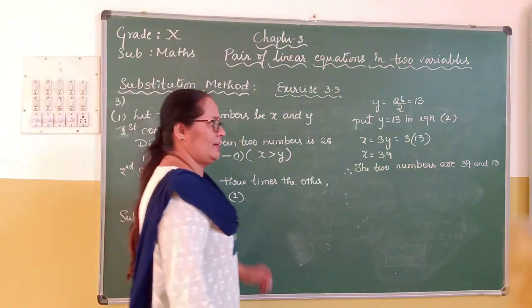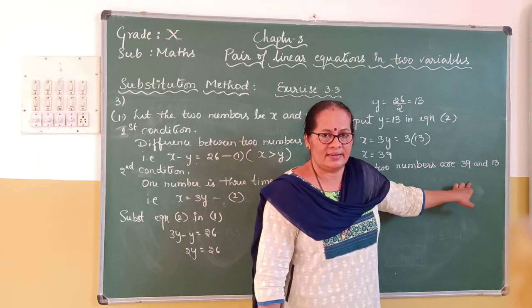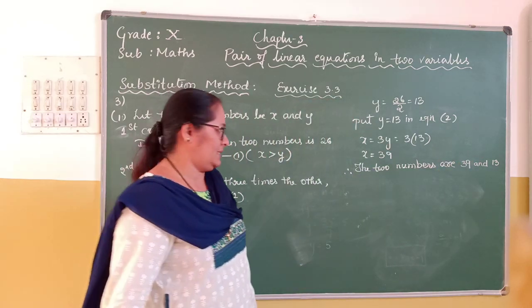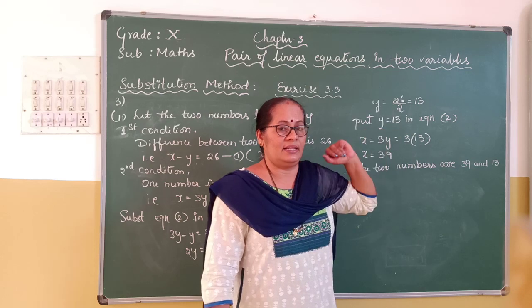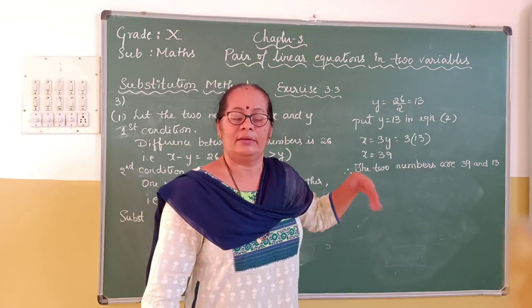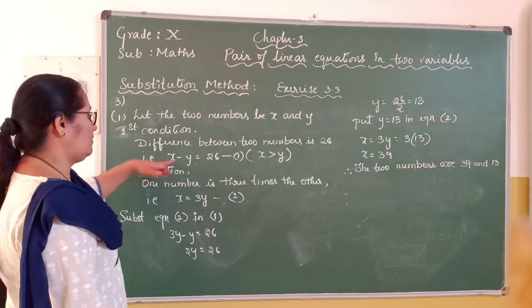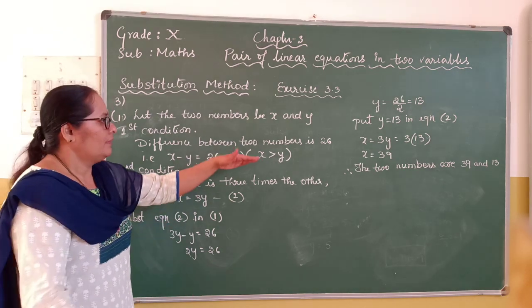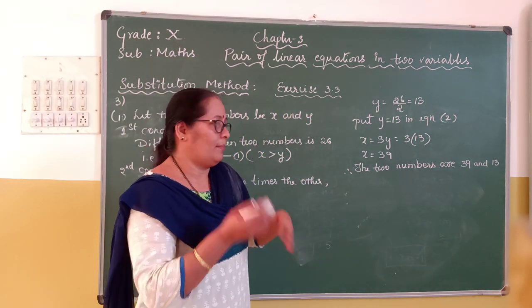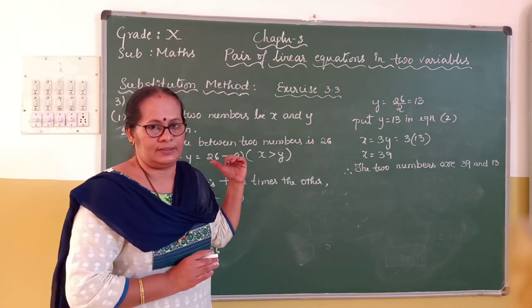The larger number is 3 times the other one. 3 into 13 is what? 39. Right? Their difference is 26. 39 minus 13 is 26. So, for all these solutions, you can cross check by substituting the x and y values in the given equations. Whenever you solve these sums, you can cross check by substituting the x and y values in the given equations.